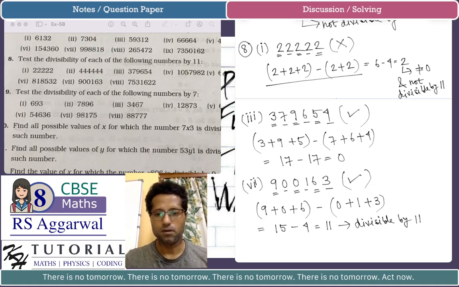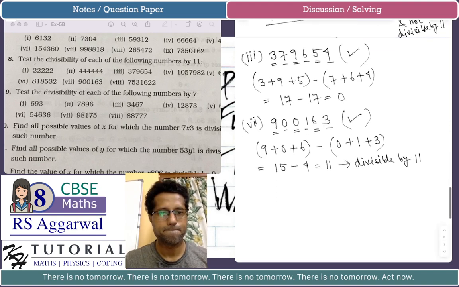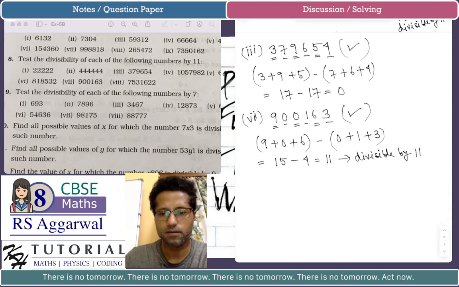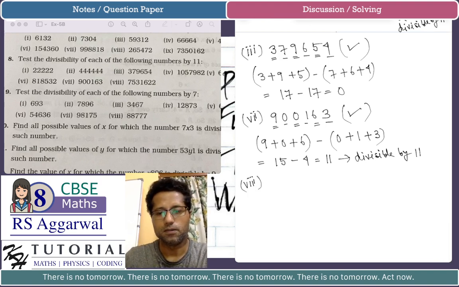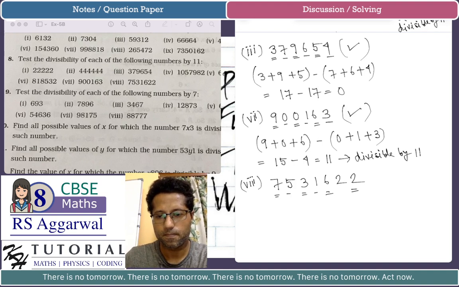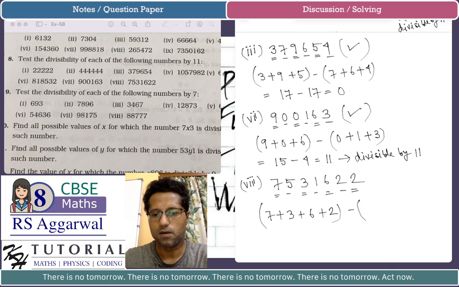Let's do another one, number 8. The number is 7531622. Let's mark the digits. Now the difference will be 7 plus 3 plus 6 plus 2 minus 5 plus 1 plus 2.